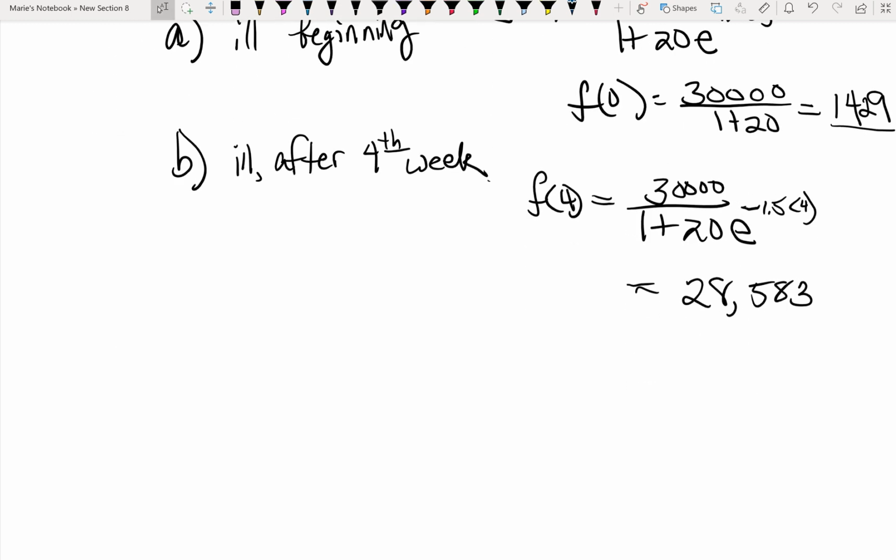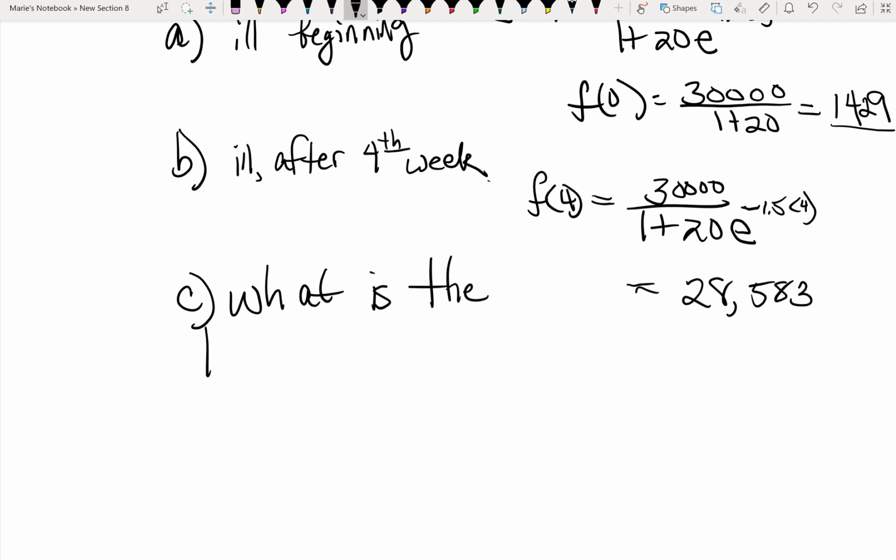simply asks us, what is the limiting size of f of t, the population that becomes ill? So I'm going to write this one down. So it says basically, what is the limiting size?